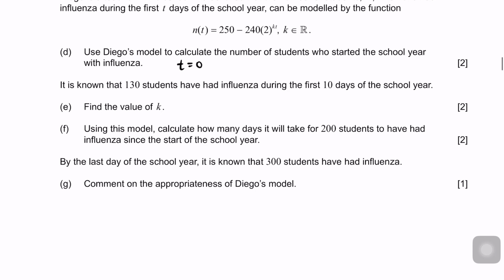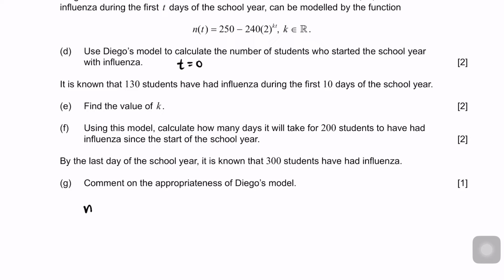So we've got this function here, which relates the number of students with influenza to the time, where we put in some value of t for time as our input, and as the output, it'll tell us the number of students. So this is our function right here. But what happens when t is equal to 0? How many students started the school year, that is to say when t was equal to 0, with influenza?